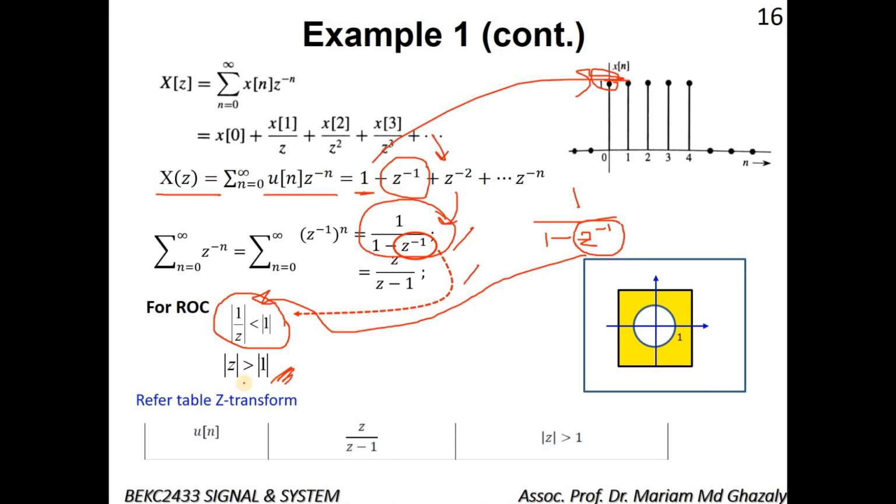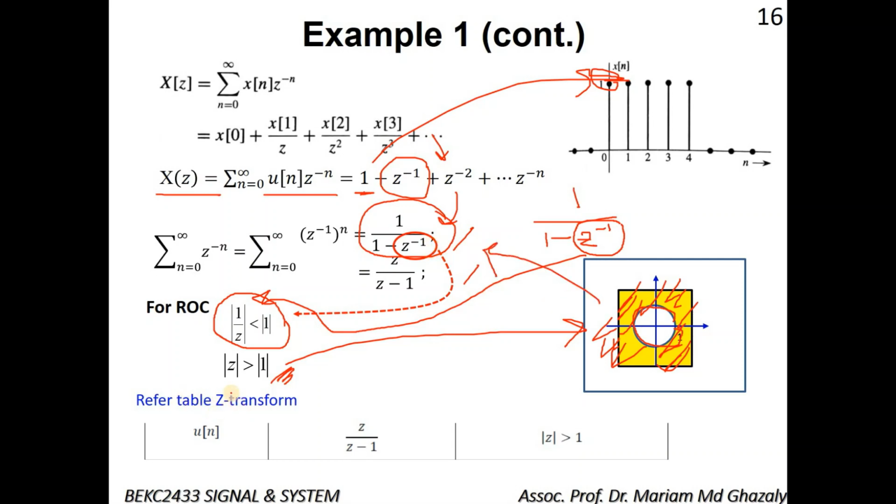So you can draw this into the region of convergence. You have 1 here, you have the unit circle. z is more than 1, so you have this region. Okay, z more than 1, you will get this equation.